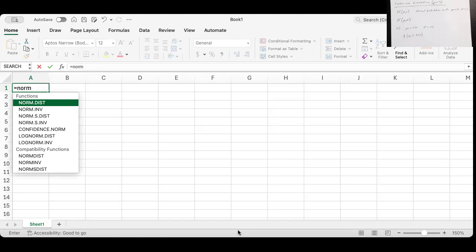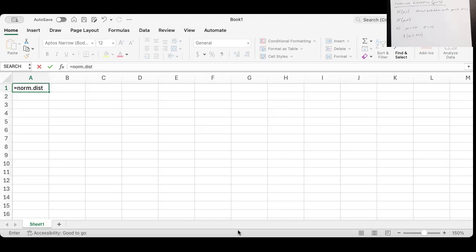Right there. First thing that comes up when I start typing norm is the normal distribution. And then when I hit the parentheses, it tells me what to fill in. The first thing I should fill in is the x value. My x value is 300. I want to be less than 300 with a mean of 290 and a standard deviation of 14.